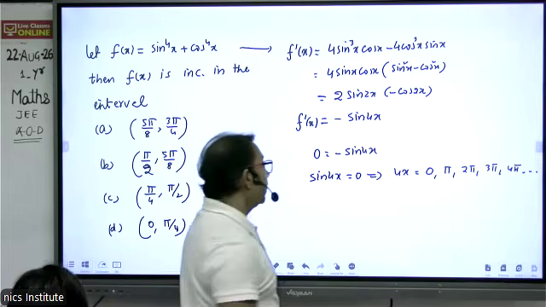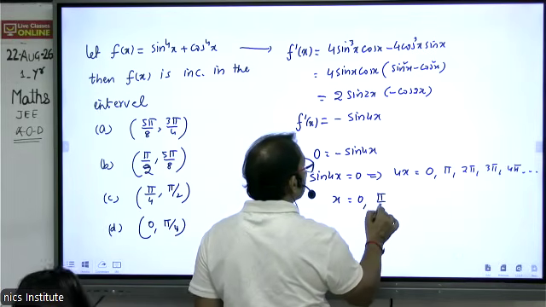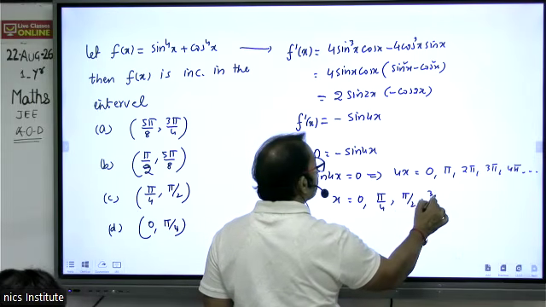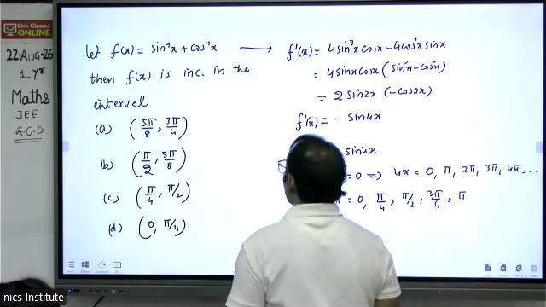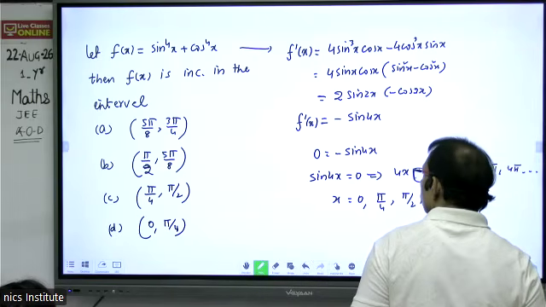But we need to find x. So x is equal to 0, pi by 4, pi by 2, 3 pi by 4, pi, and so on. In the interval, it's not going beyond pi by 2.